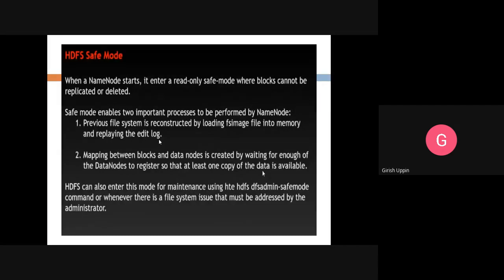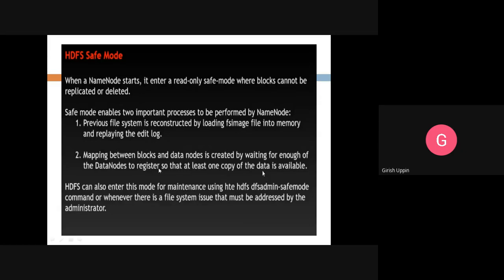Whether it was a graceful shutdown or because of some fault, whenever it starts, if we load the fs image and the edit log file, we will bring it back to the same state as when it went off. So that is the first task: reconstructing the image.